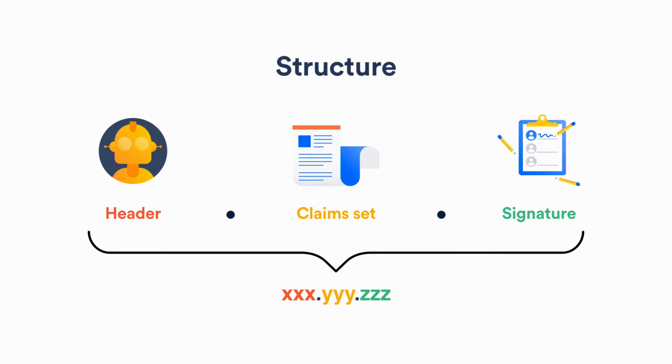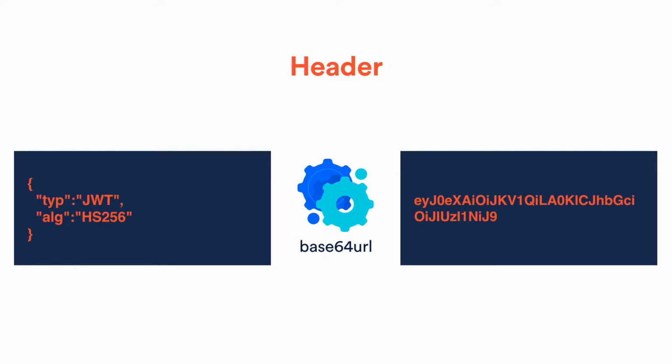The spec calls the middle part a claim set, but you might also see it referred to in Atlassian documentation or in open source JWT libraries as the payload, so there's a little bit of interchangeability there. The header looks something like this. There's a type, and in this case JWT simply refers to what to expect in the claim set. There's an algorithm, and in this case we're using HS256, or SHA-256.